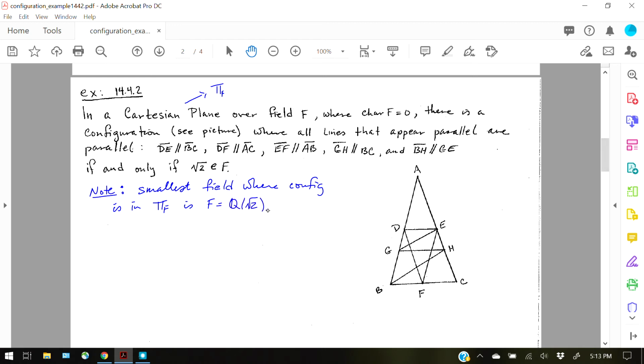And I can say that without going anywhere further because this is claiming that square root 2 is the condition we need in the field. Okay? And this here would be the smallest field with characteristic 0 that actually includes a square root 2. Now, are there bigger ones? Sure. Real numbers would work too. Q adjoin both the square root of 2 and the square root of 3 would work as well. Okay? Now, if we actually want to show that this is true, so what we want to do is we want to look through this configuration.